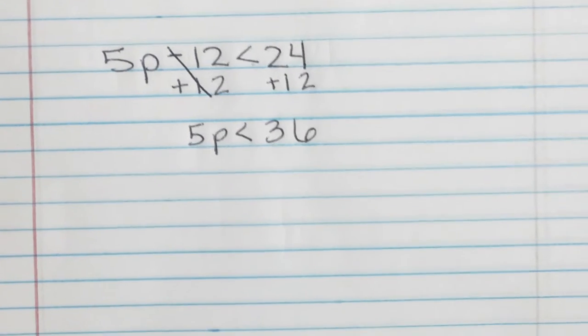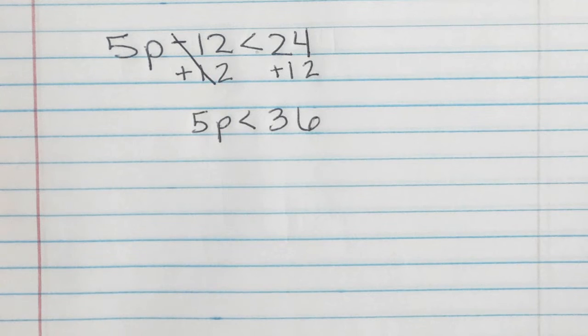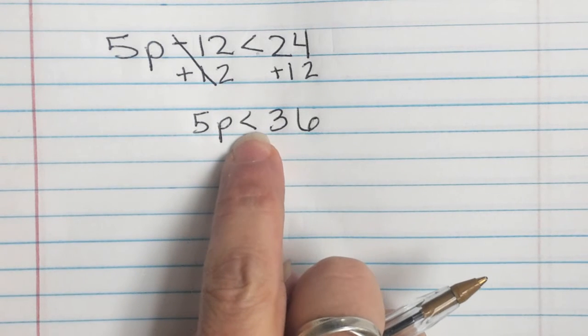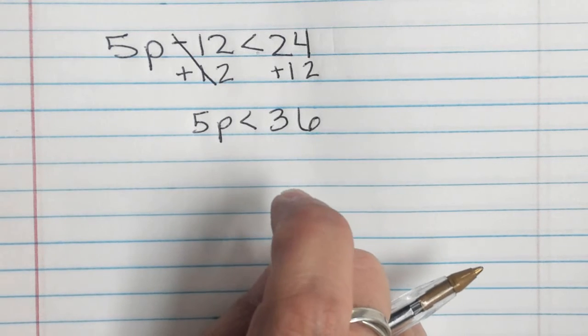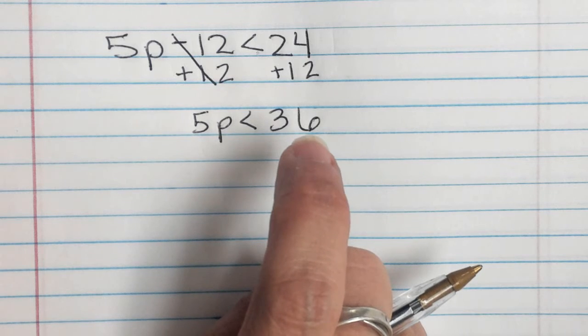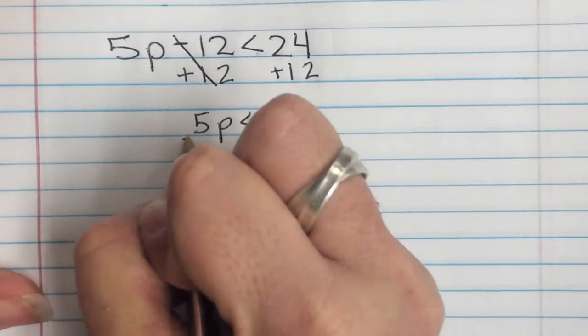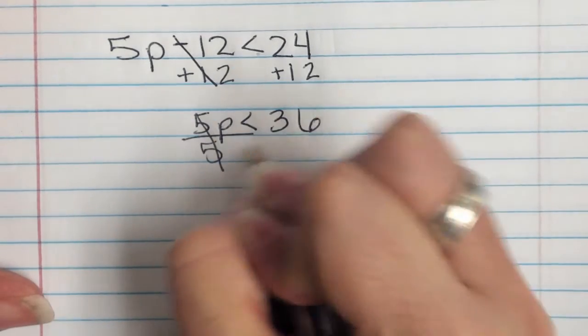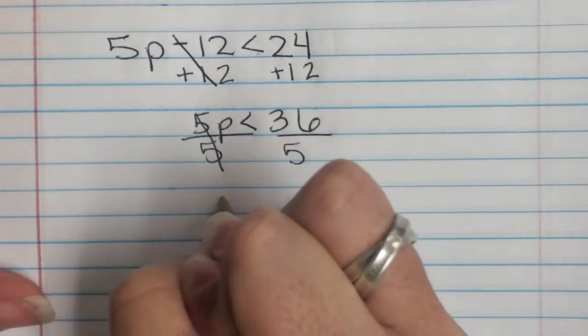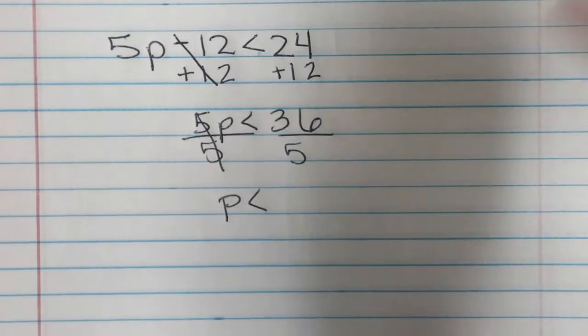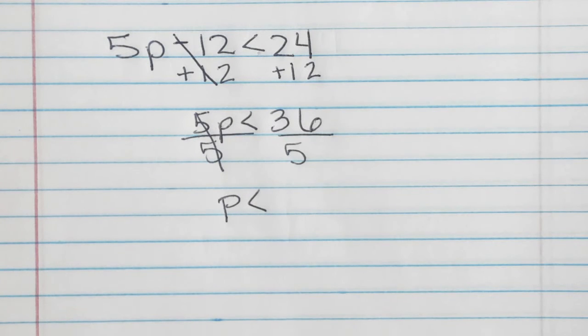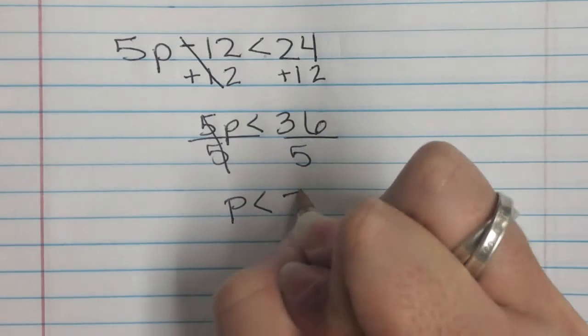turn around please guys. So now, if I change that to an equal sign, we will have done this before. We know 5 up against P means times. Opposite is division. And using my calculator, if I use 36 divided by 5, I get this.